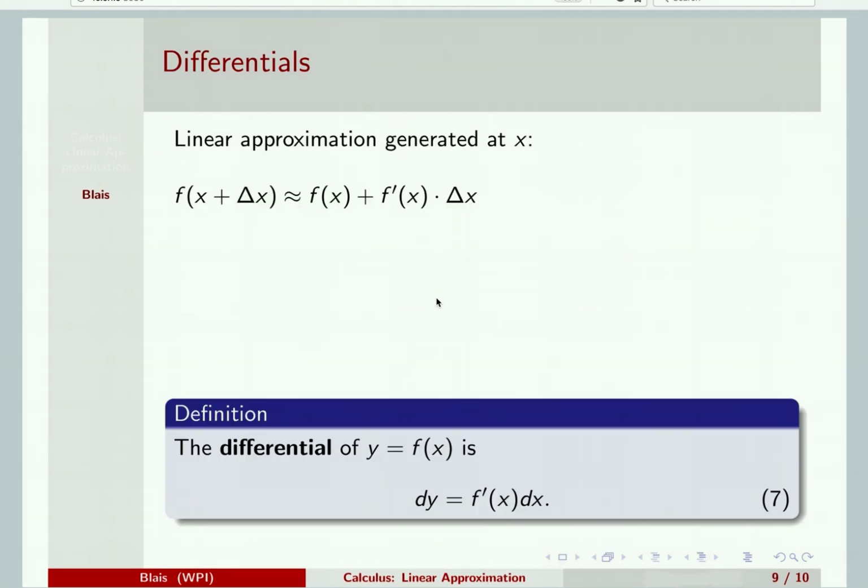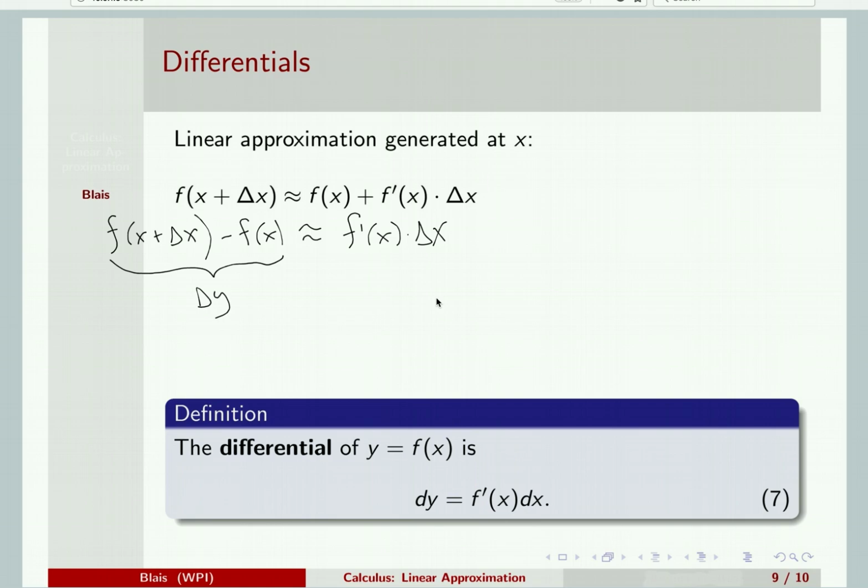The last thing we want to do is take one more step with this idea of the differential and recognize this was the equation that we had used for our linear approximation. And it came from writing this as f of x plus delta x minus f of x was approximately f prime of x times delta x. This was our increment delta y.